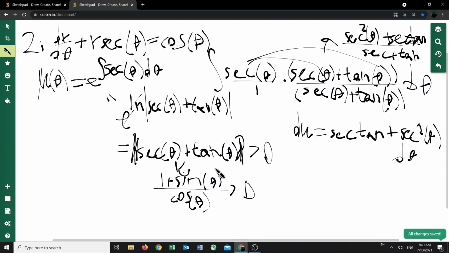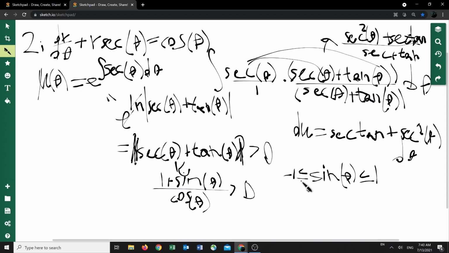Well, an important note is that the range of sine theta is just negative 1 to 1, right? If we don't have any scaling factors next to the sine, the amplitude is just 1. But notice that it's 1 plus this.